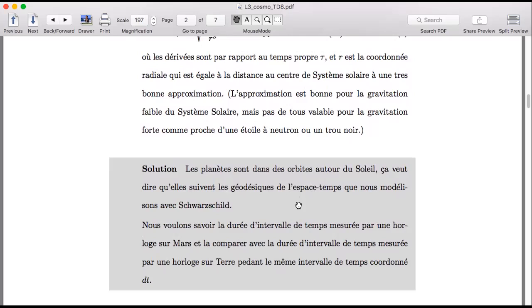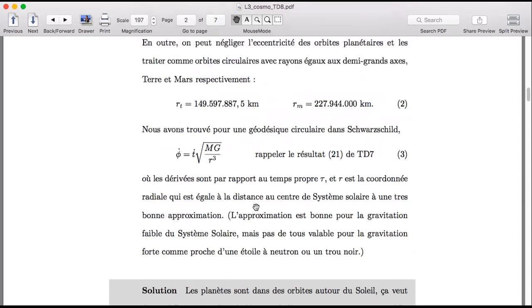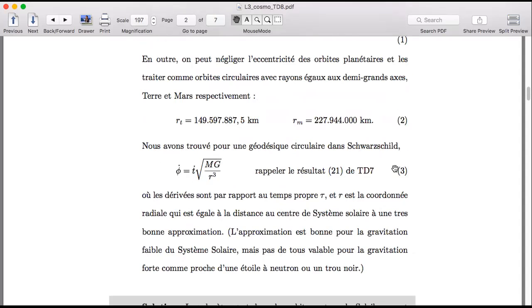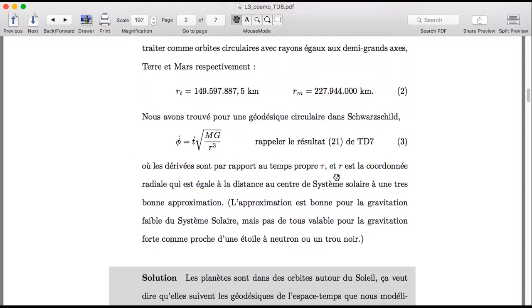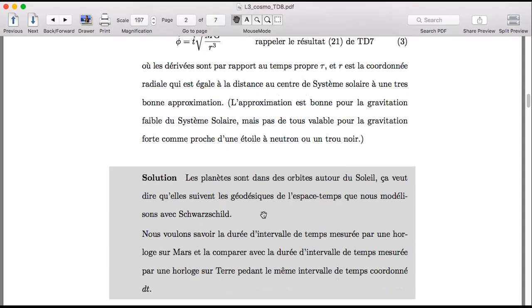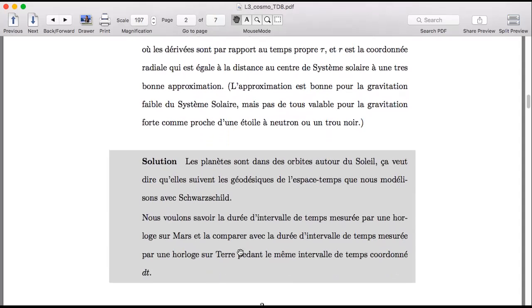The only force is gravity in Newtonian physics terms, but in relativistic gravity, we think of it not as a force but as space-time curvature. So in other words, there is no force. So these planets are following geodesics. That means we can use this result from TD7 about the circular geodesics in Schwarzschild. And we're going to approximate the planets as being essentially circular orbits.